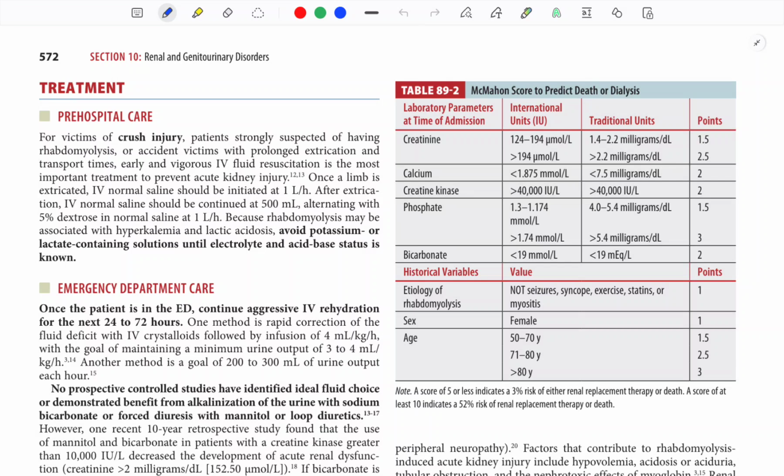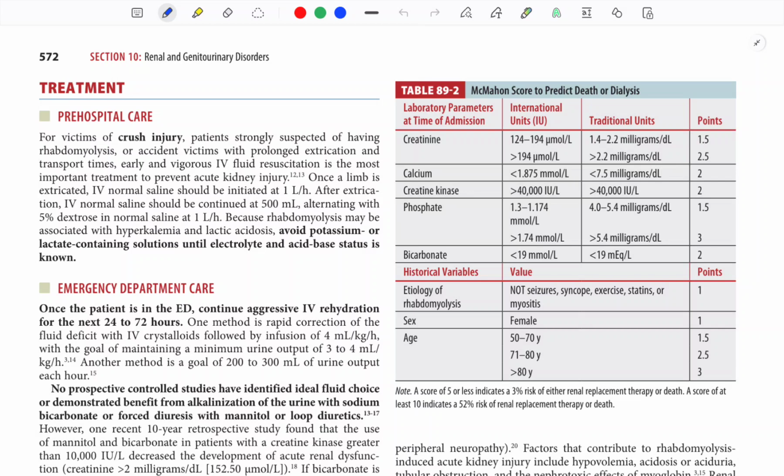So very fast fluid is required, we need an orange catheter for this. 1 liter per hour of fluid is required. Alternate the NS with D5 because rhabdomyolysis is associated with hyperkalemia and lactic acidosis. Avoid potassium and lactate containing solutions.